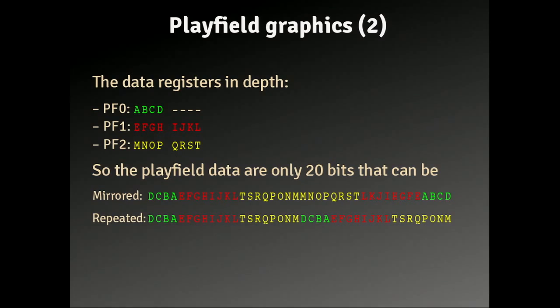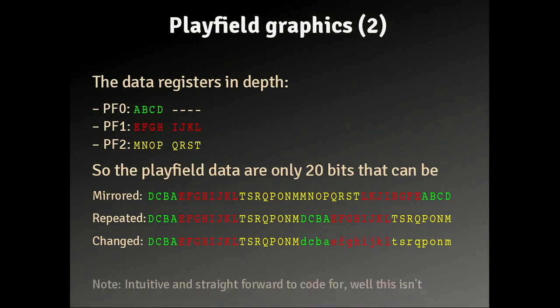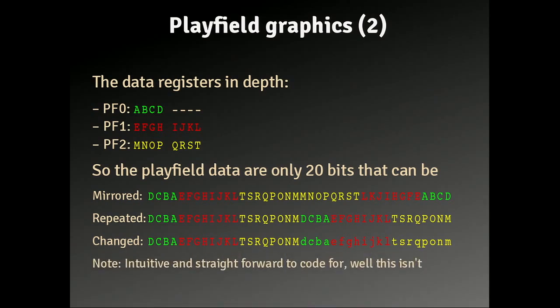I was cursing for about 2 hours to get things done. In the repeated way, it's displayed in this bit order. And you can also change it as the beam travels along so that you can display something else in the second half. This is essential for demo coding if you're going to use the playfield graphics, and I guess you will. Well, and the whole bit ordering isn't intuitive.